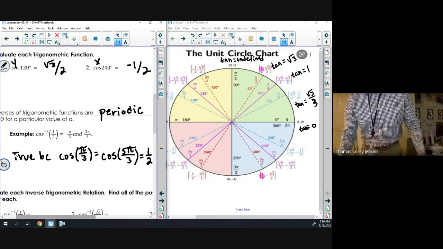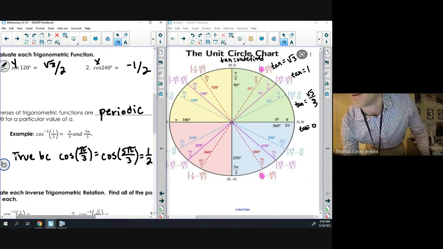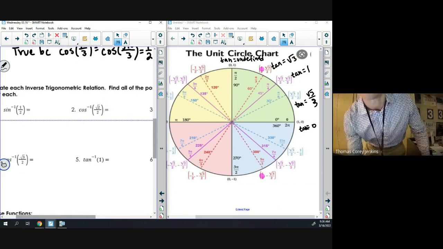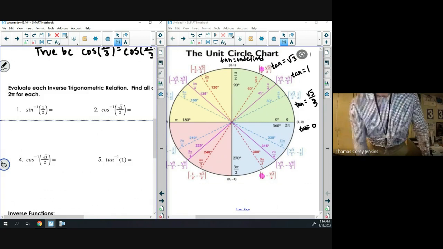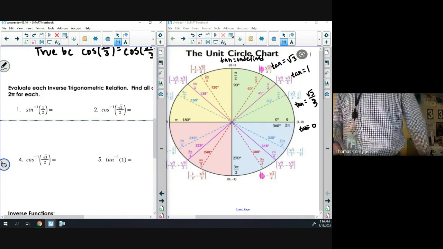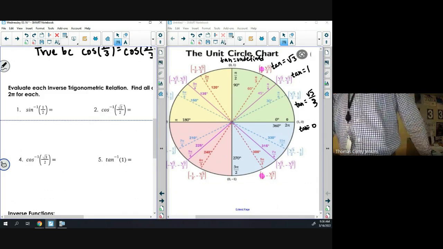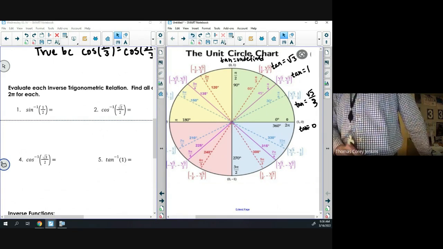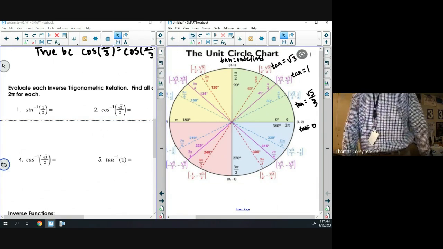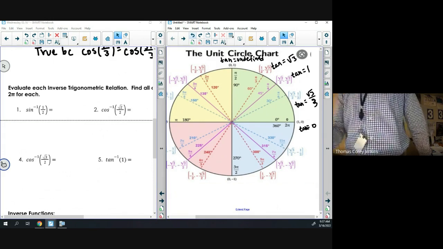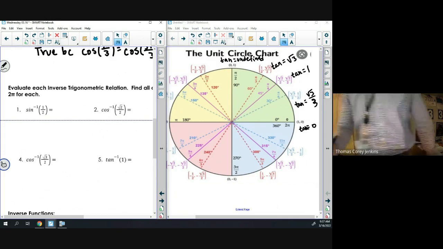Okay. All right. So let's go ahead and do some examples together, and these are kind of your main types of examples from this particular lesson. All right, so number 1 says find arc cosine of 1/2, right? So again, I think about cosine first. What's that?